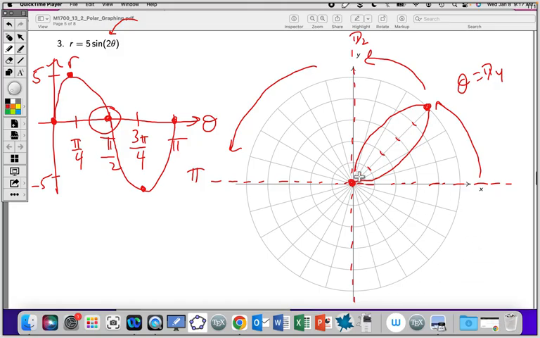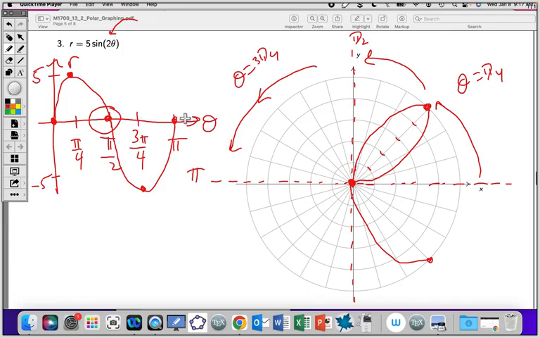Here's 3 pi over 4. From pi over 2 to 3 pi over 4, we're going from 0 to negative 5, following the pi over 2 line through to out to 5 again. So it's going to come out that way.